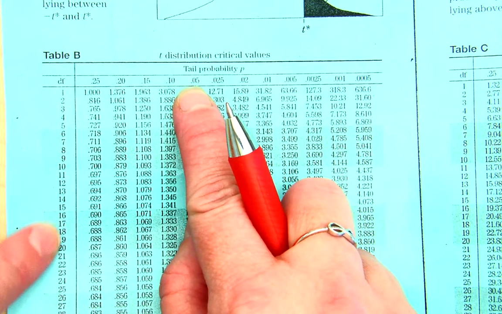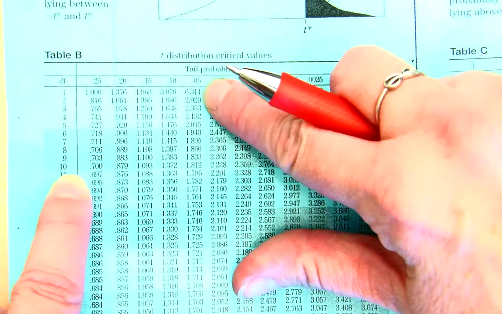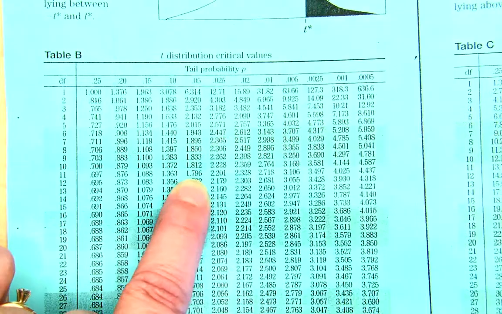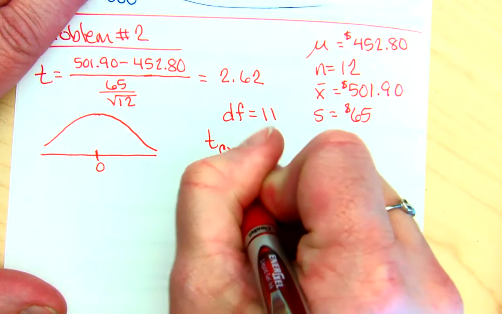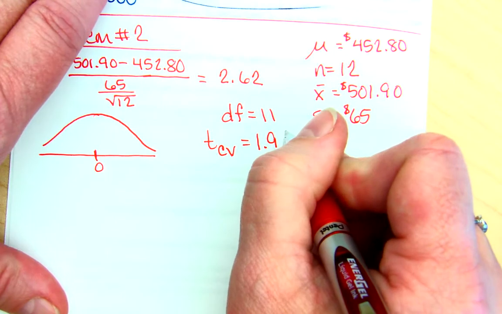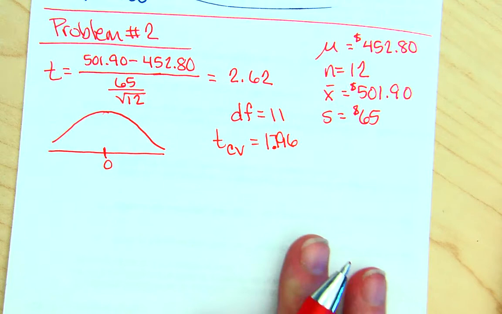You'll see down this side is degrees of freedom. I want degrees of freedom 11. So when I cross those, I get this value of 1.796. So my T, we call this critical value, is 1.796, like I said. So that's my critical value.